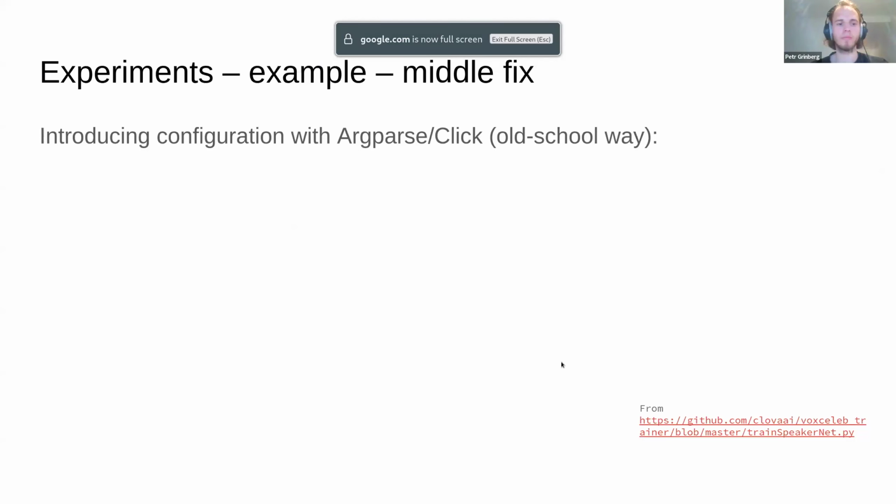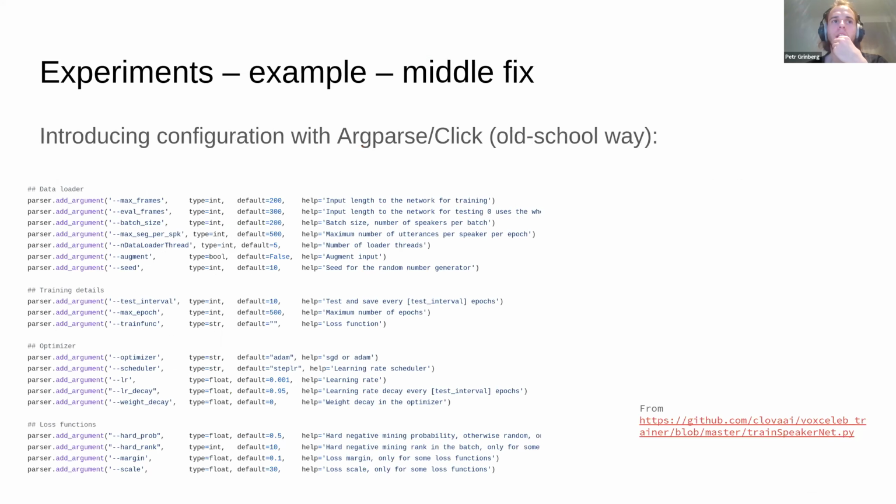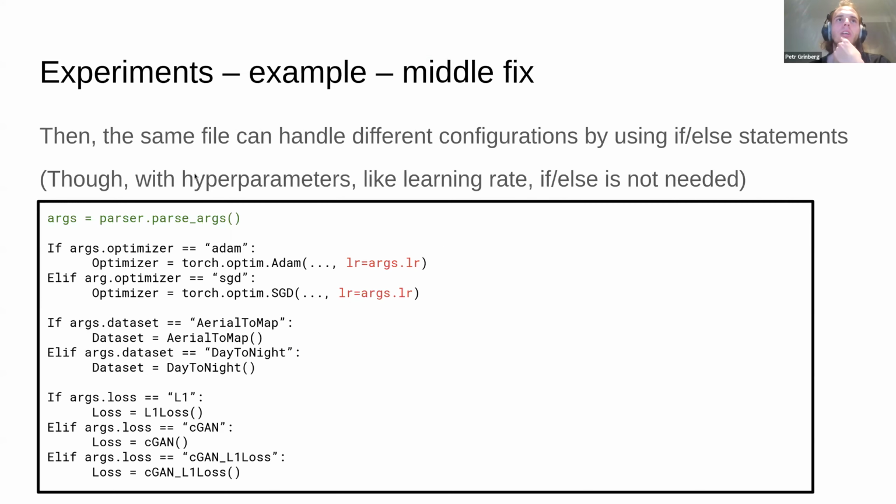So how does this help? The same file can handle different configurations by using if-else statements. Like if args.optimizer equal Adam, we can say, okay, let's use Adam optimizer.